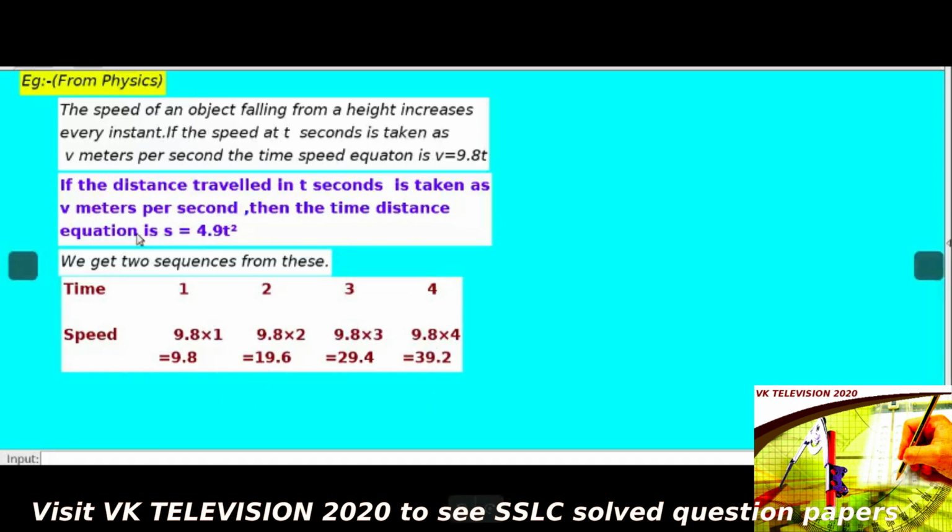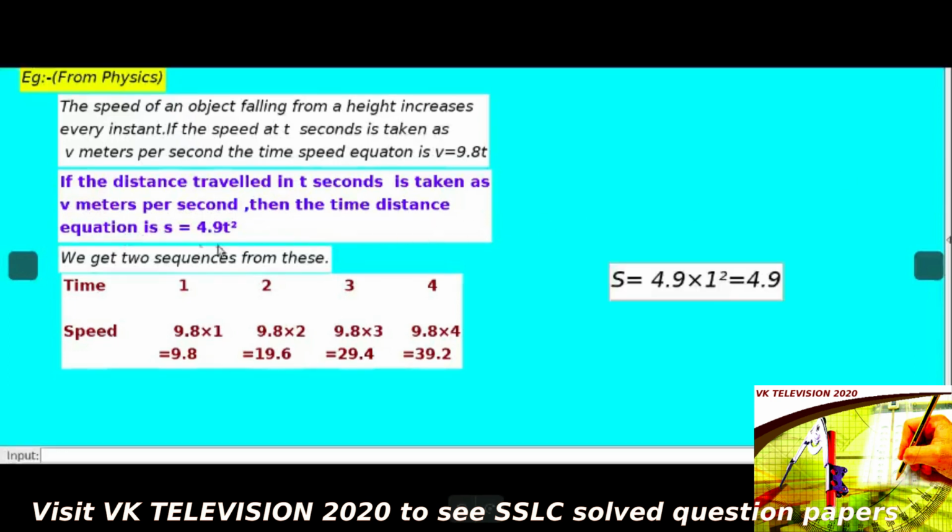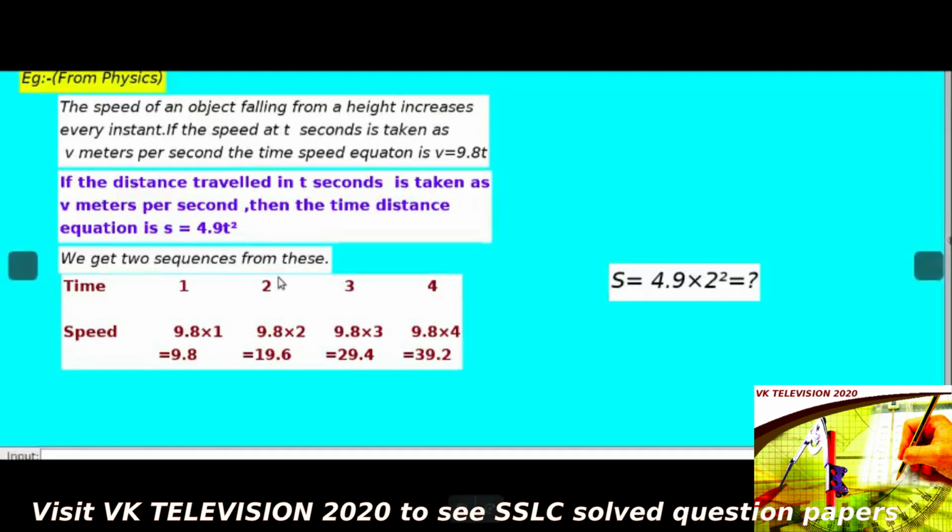Next is the distance travelled, s is equal to 4.9 t square. When t is equal to 1, the distance s is equal to 4.9 into 1 square, that is 4.9. When t is equal to 2, we replace t by 2: 4.9 into 2 square, that is 4.9 into 4, equal to 19.6.